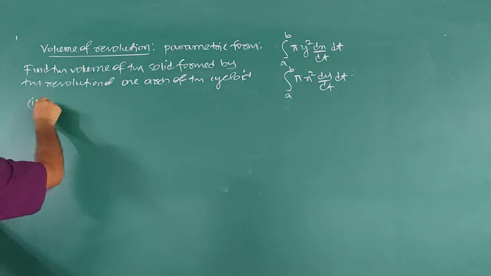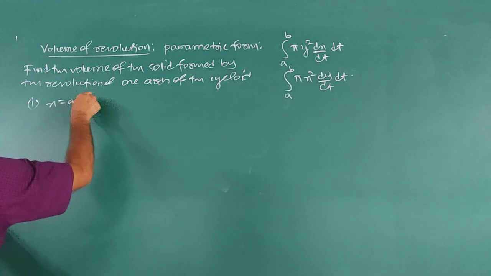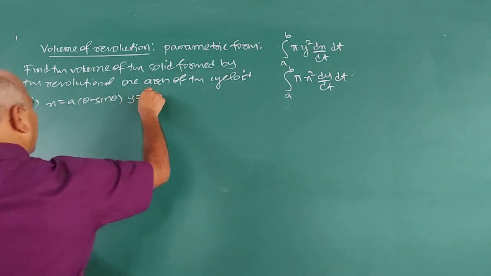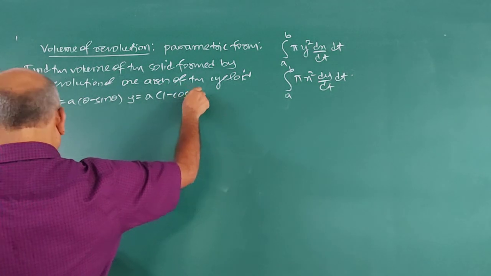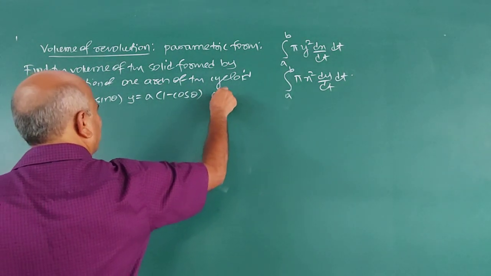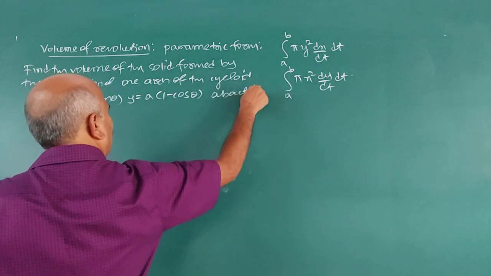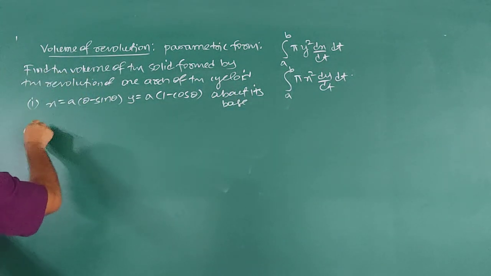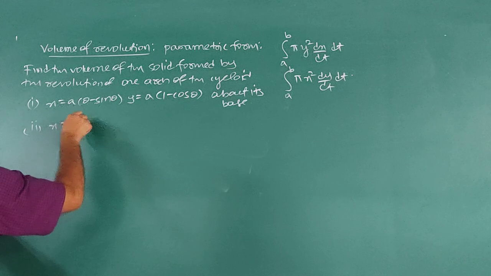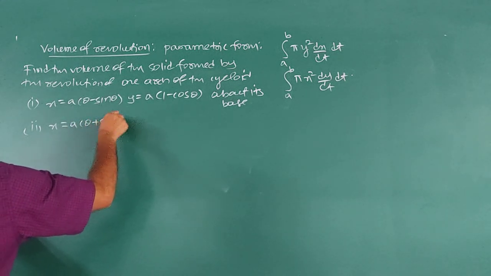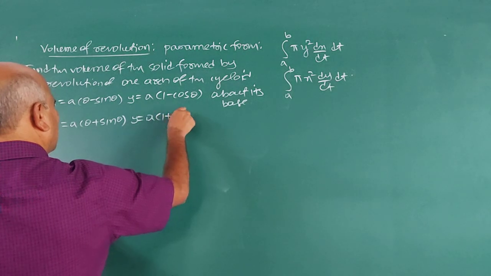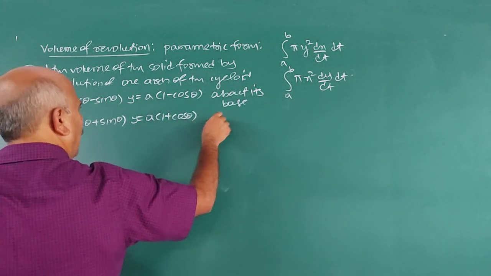First one, x is equal to a into theta minus sin theta, y is a into 1 minus cos theta, about its base. Second, x is equal to a into theta plus sin theta and y is equal to a into 1 plus cos theta, about its base.